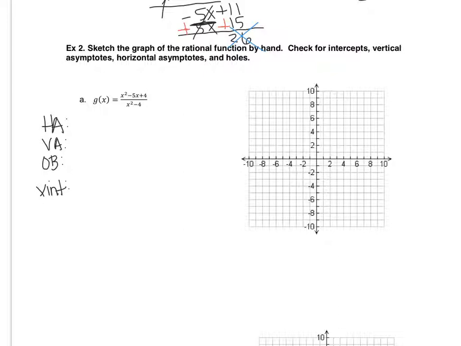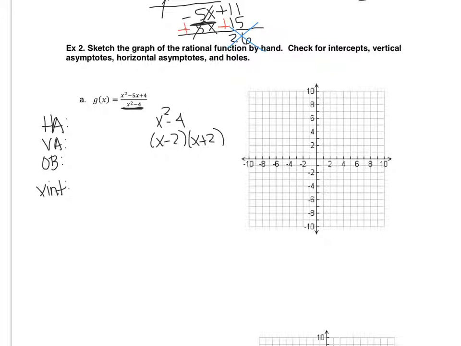So first off, remember your vertical asymptotes are where you have zeros on the bottom. So what I'm going to do is factor that. That is a difference of squares. X minus 2, x plus 2.